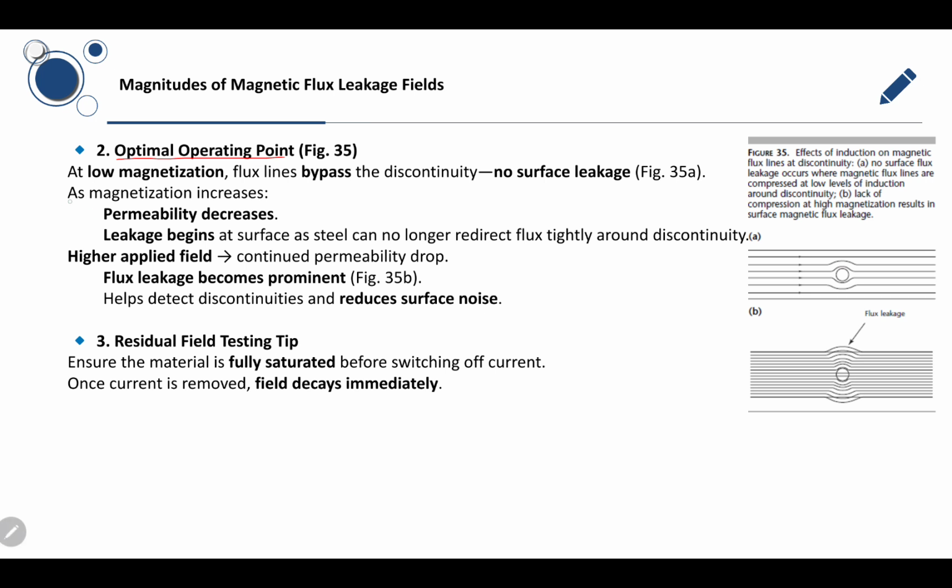Next one is, as magnetization increases, the material's permeability decreases. At this point, the leakage begins at the surface because the steel can no longer redirect the flux tightly around the discontinuity.